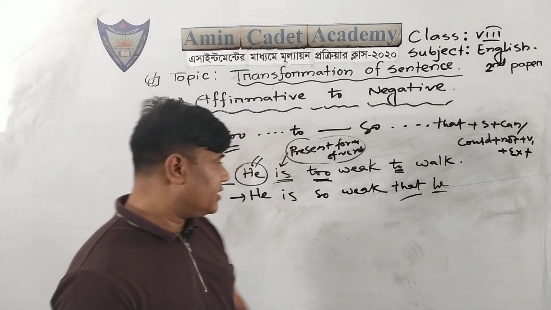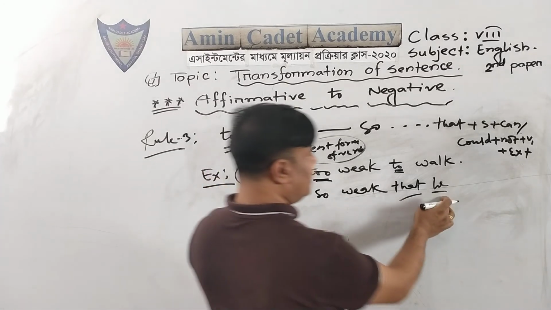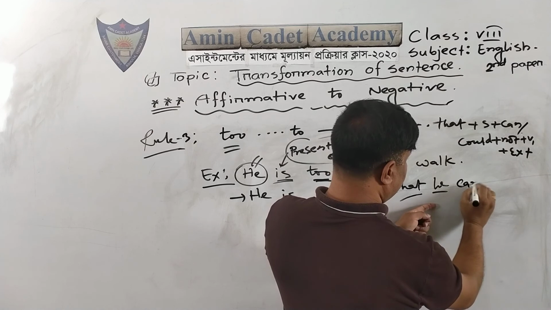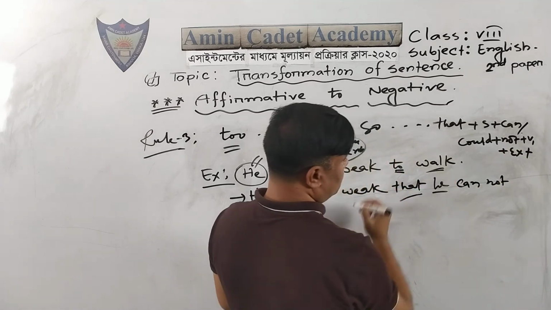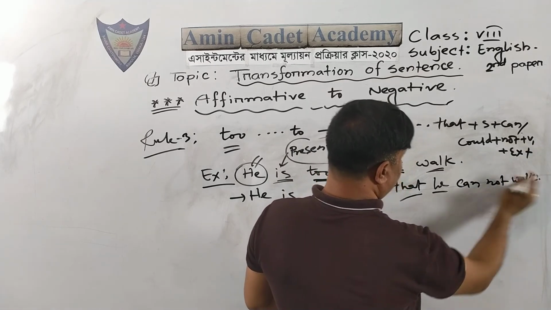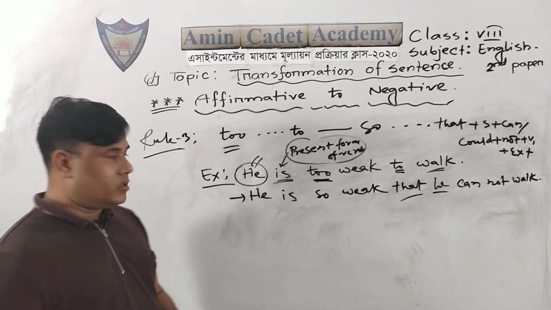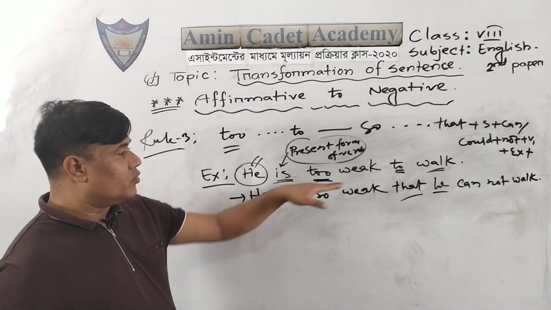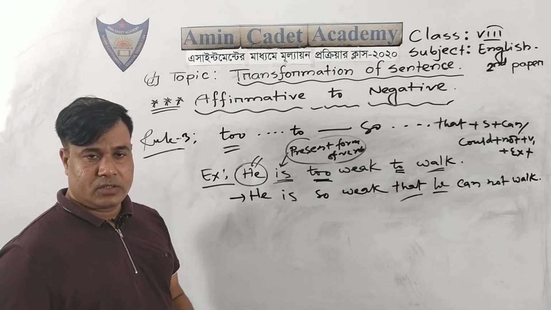Okay, clear? Now come to the point. He is so weak that he cannot, then verb 1, work. Here is no extension. So listen to me again. He is too weak to work. He is so weak that he cannot work.